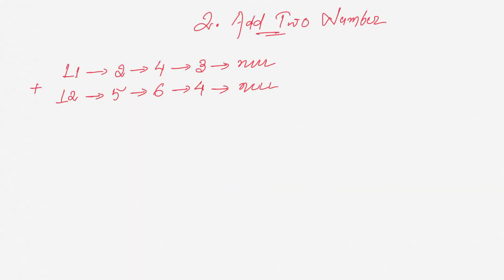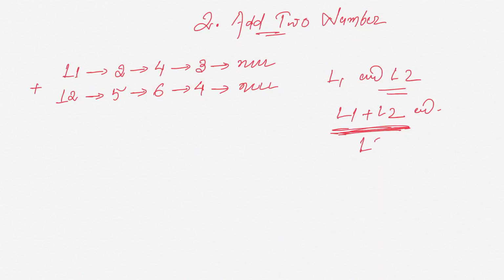So here we are given two linked lists, L1 and L2, and we need to do L1 plus L2. We need to add both linked lists and return another linked list as a result.